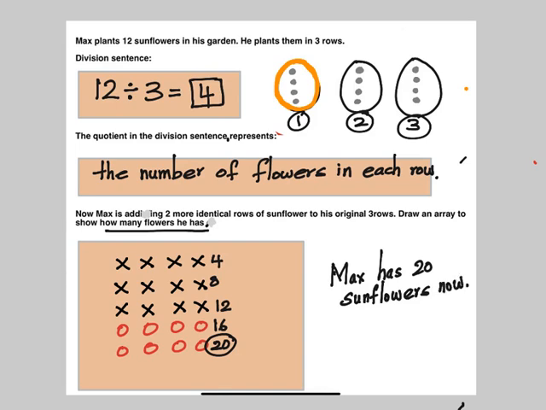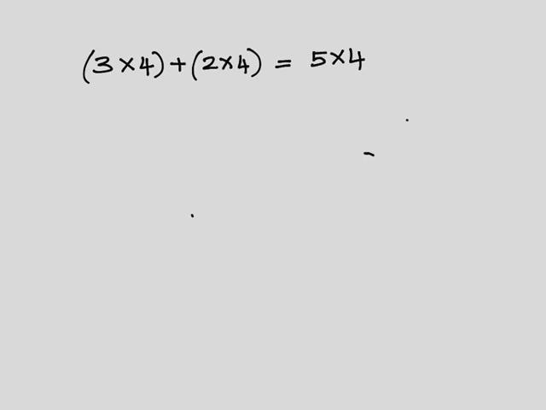Now, the question here is 3 times 4 plus 2 times 4 is equal to 5 times 4. We have to check whether the left hand side is equal to the right hand side. So this is the 3 rows of sunflowers that he had originally.